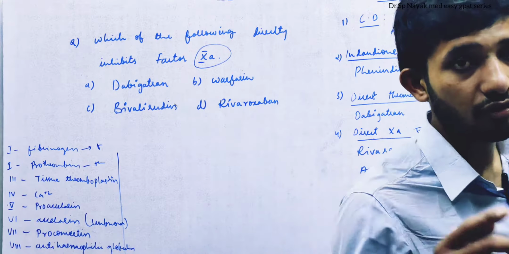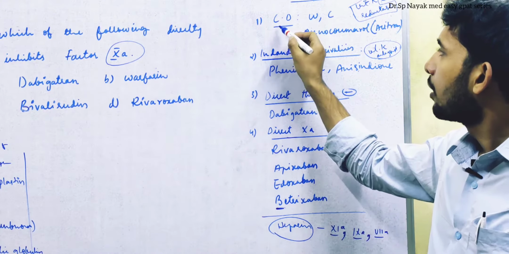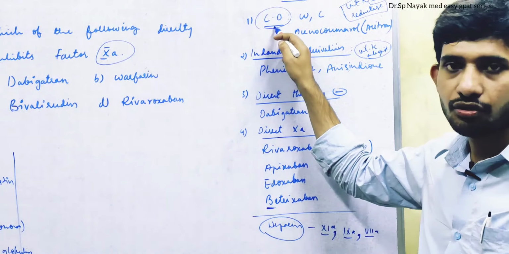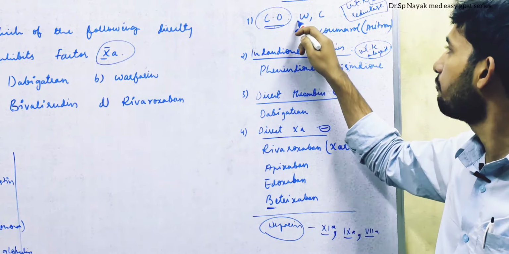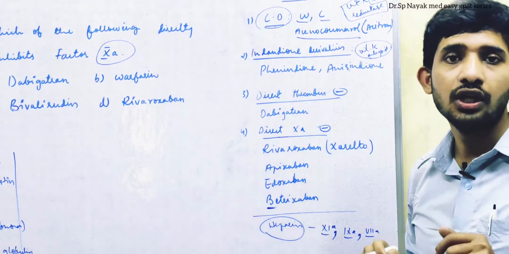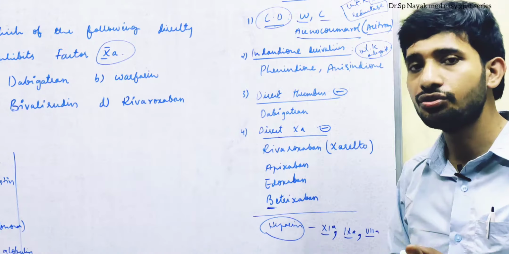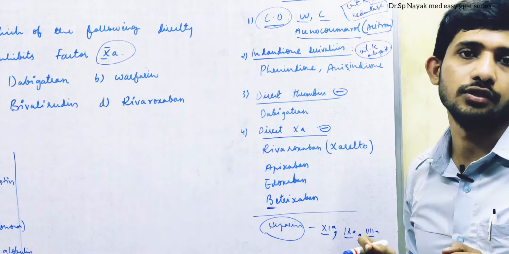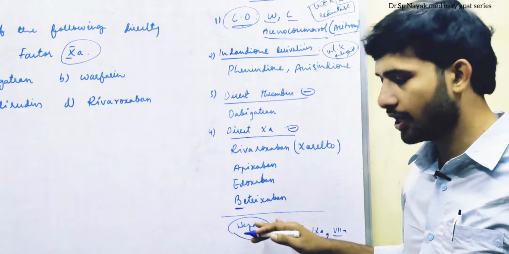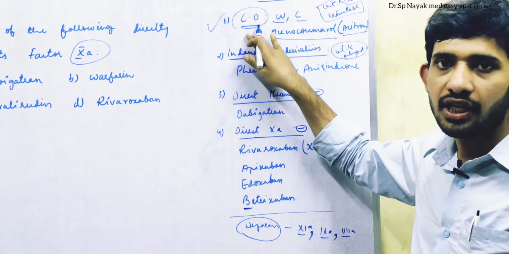In vivo anticoagulants: the first class is coumarin derivatives, and in coumarin derivatives we have warfarin, coumarin, and acenocoumarol. Acenocoumarol is also called Acitrom. Acitrom is a very commonly used anticoagulant in hospitals.